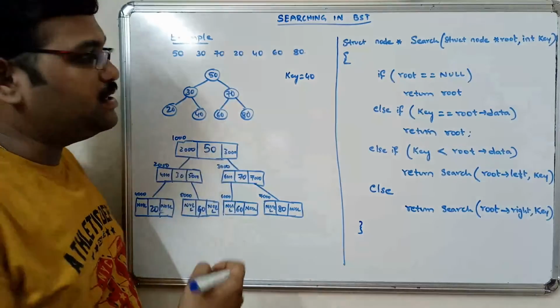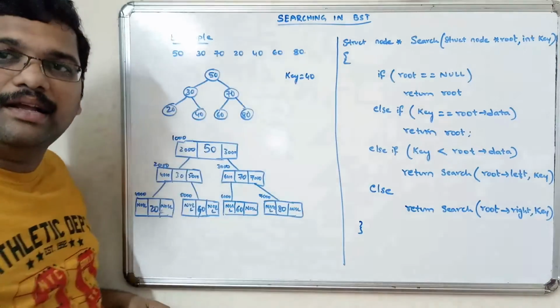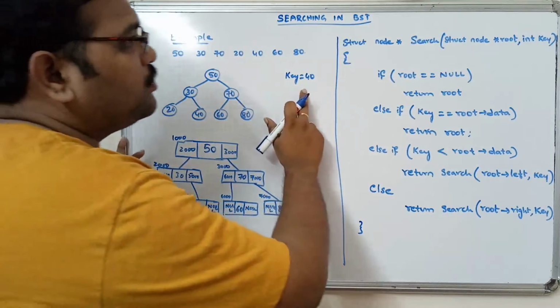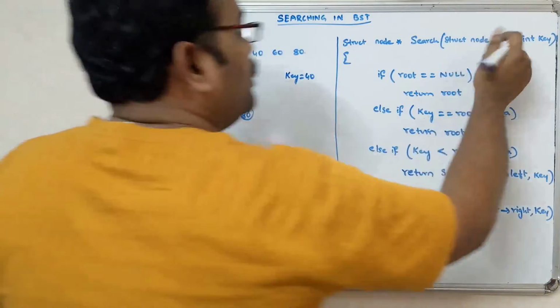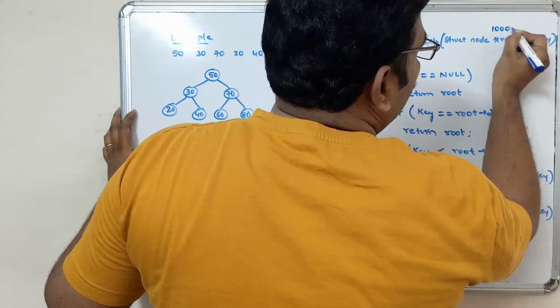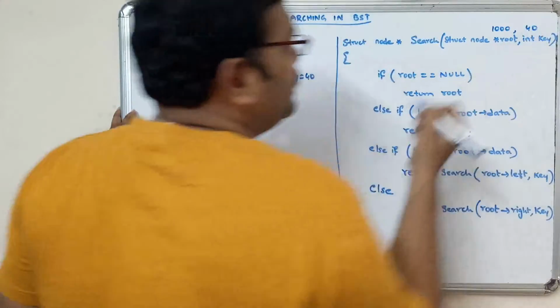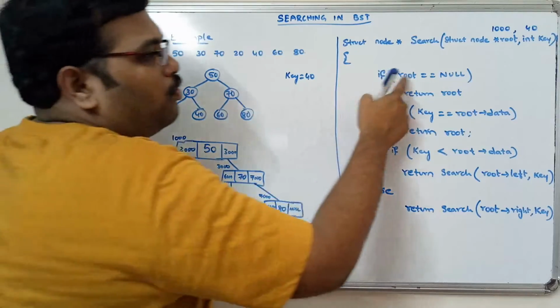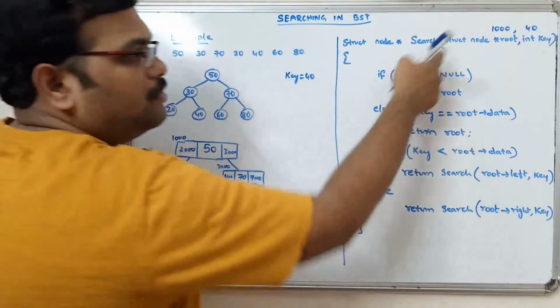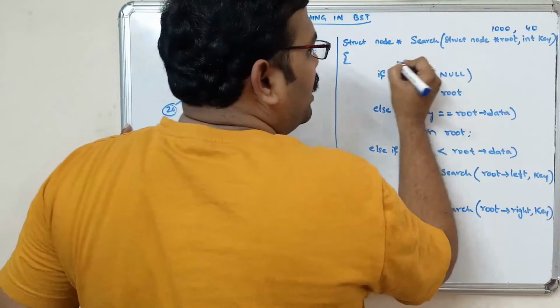So let us test once. Let us take key is equal to 40. So key is equal to 40. First, start node root. So here the root means 1000 comma 40 will be passed as parameters. So 1000 is the root. Now, root is equal to null? So 1000 is equal to null.